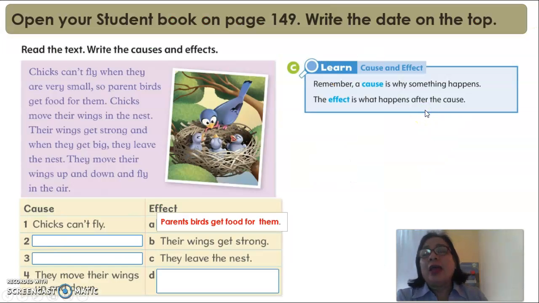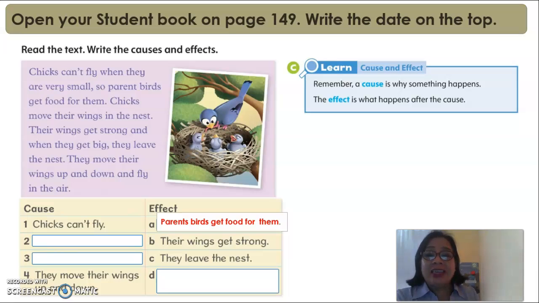Next. Now, you will open your student book on page 149 and write the date on the top.